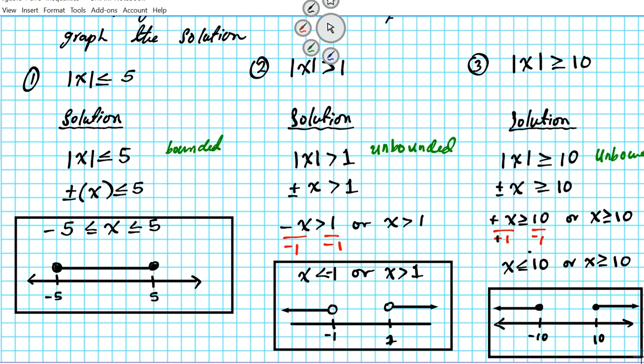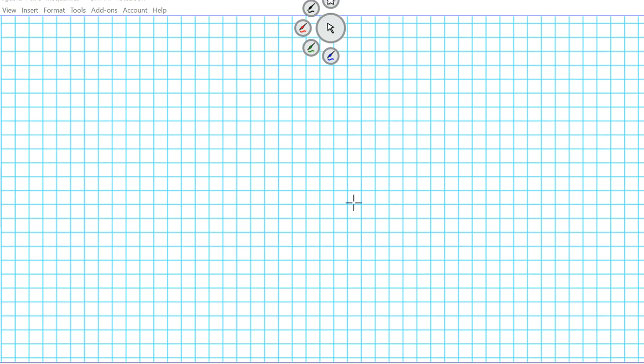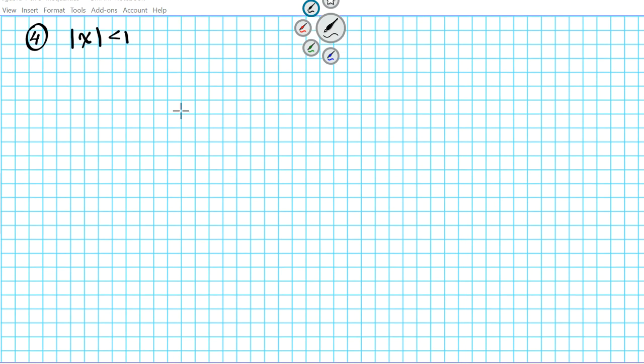Okay, let's take a look at one more example, then we'll give you some practice problems. Let's take a look at question 4. Let's say we have the absolute value inequality given by the absolute value of x is less than 1. Now take a look at this scenario.